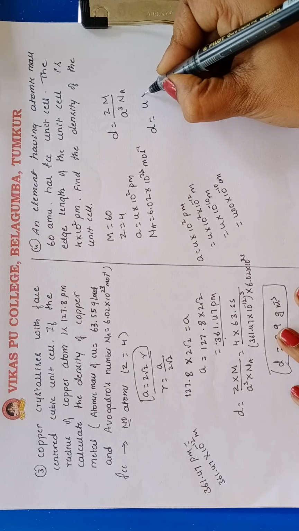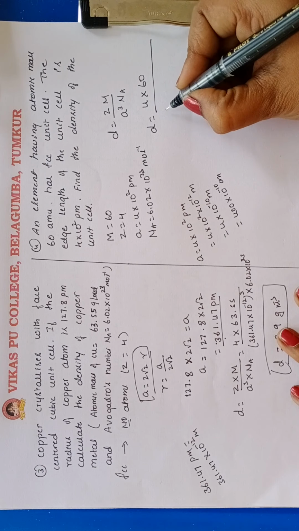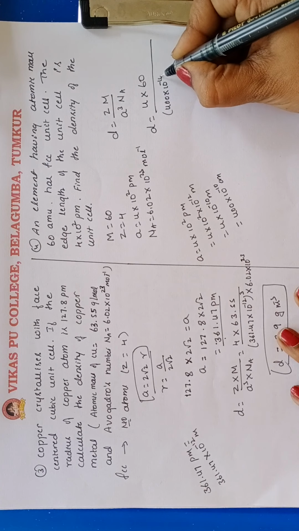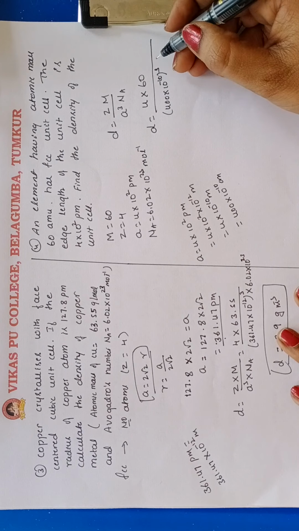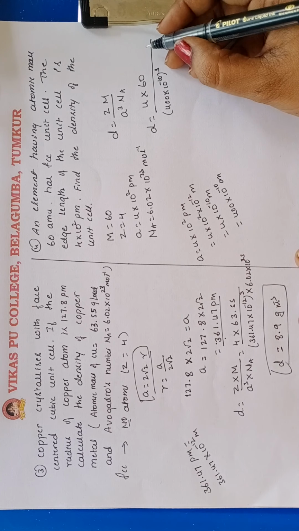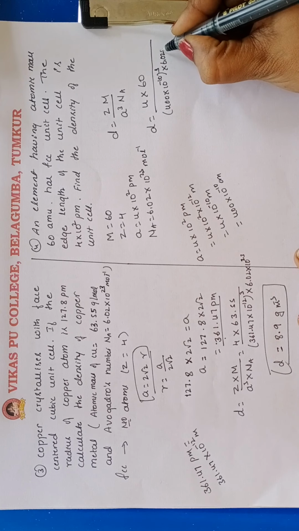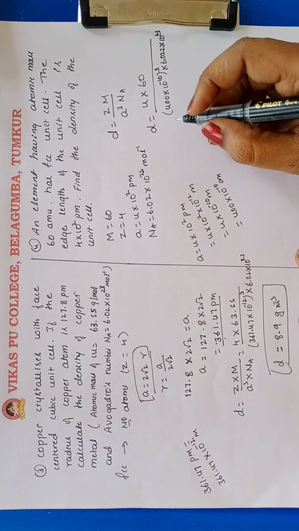Then D is equal to Z, which is 4, into 60, divided by 400 into 10 to the power of minus 10 whole cube into 6.022 into 10 to the power of 23 per mole.